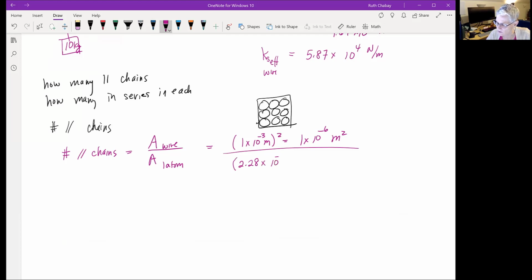So that's 2.28 times 10 to the minus 10 meters squared. So that's 5.20 times 10 to the minus 20th, I think. And that gives us a number of 1.92 times 10 to the 13 parallel chains.